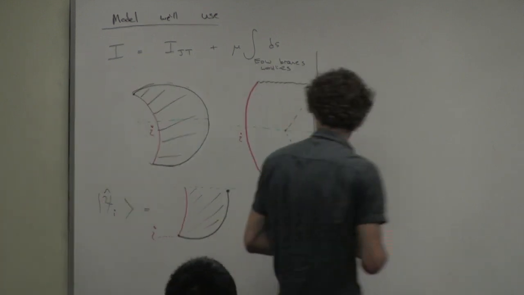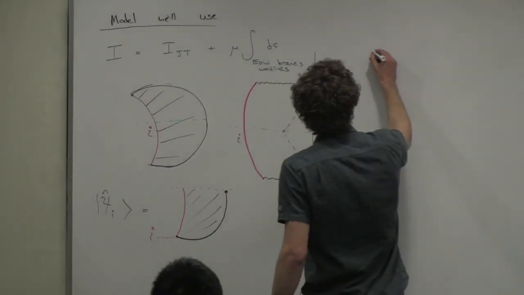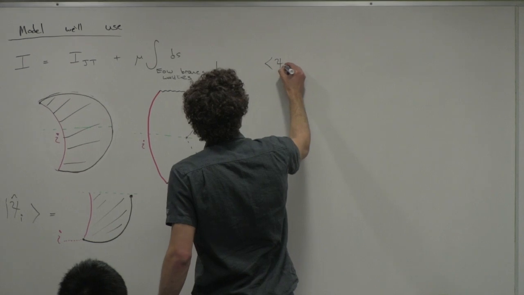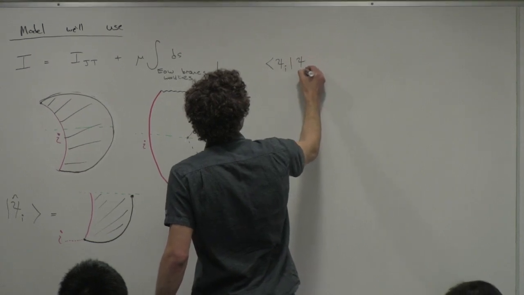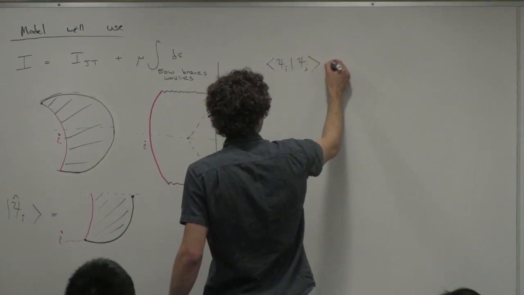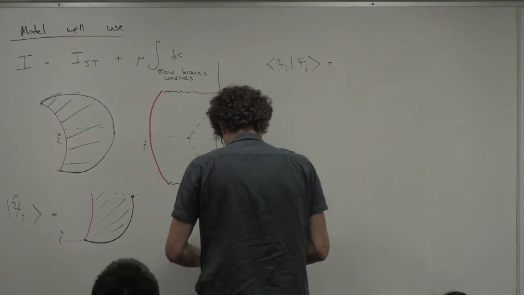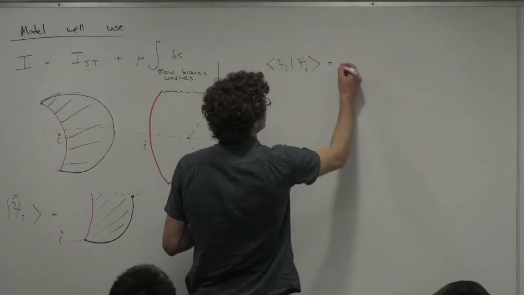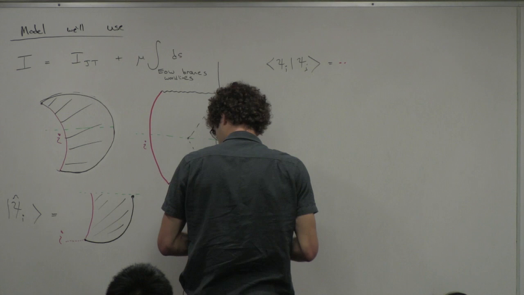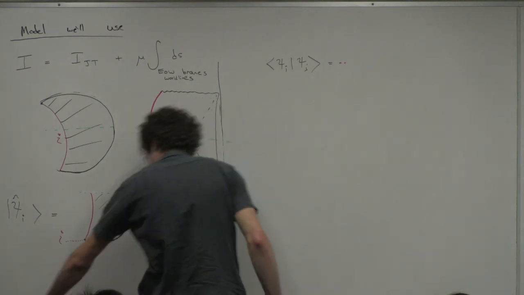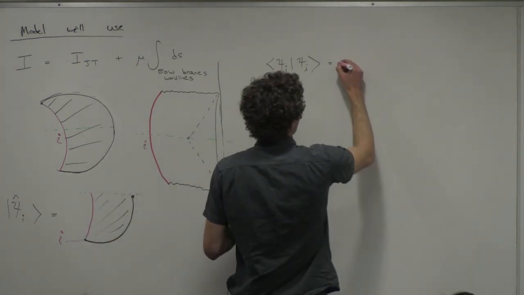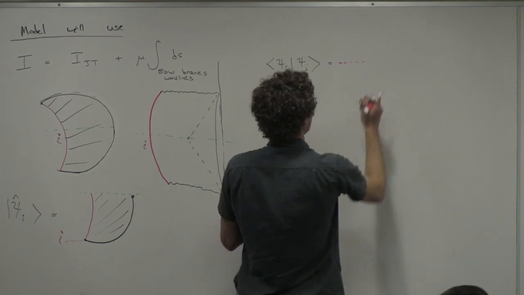So just to get some practice with that, let's imagine that what we want to compute is an inner product of two of these states, psi I and psi j. Then the boundary conditions that we'll draw for that are the following.